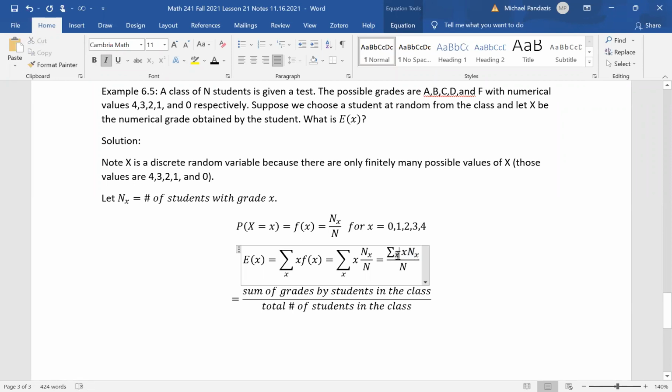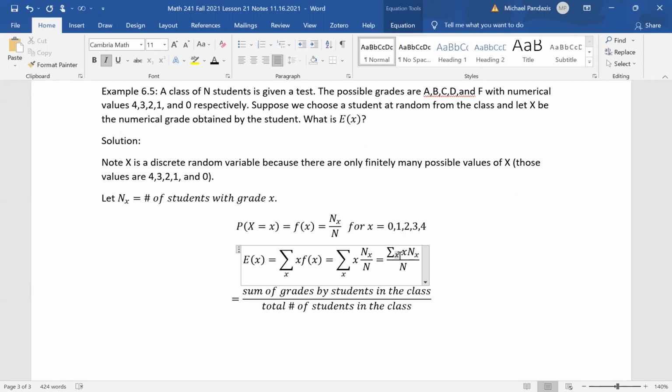Okay, but you're doing that over all possible scores. Instead of adding all the grades of all students in the class in any which order, you're in a sense arranging the students, separating them by the grades they got, and adding up one at a time all the students' grades which each share the same grade.